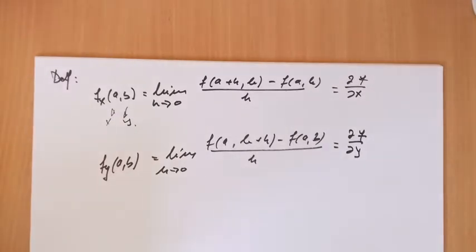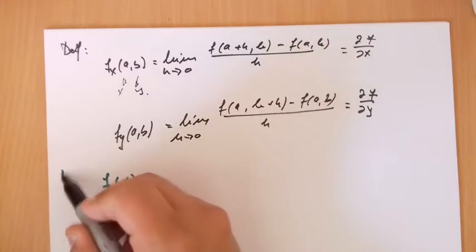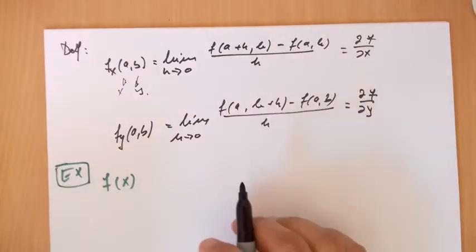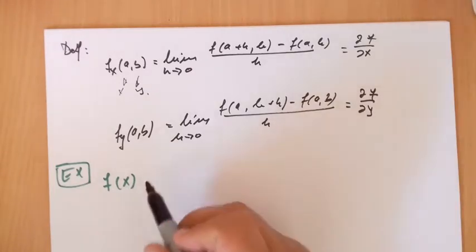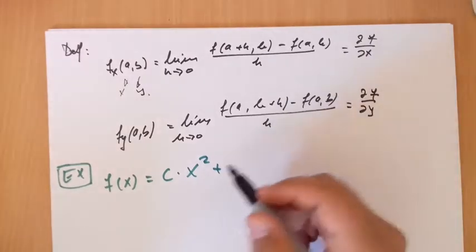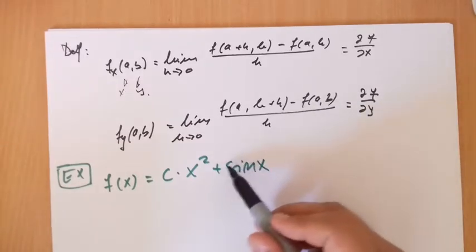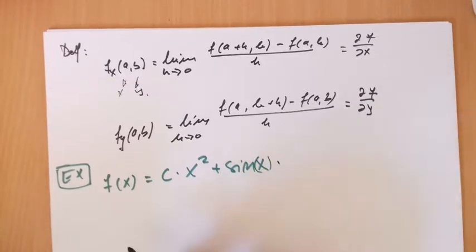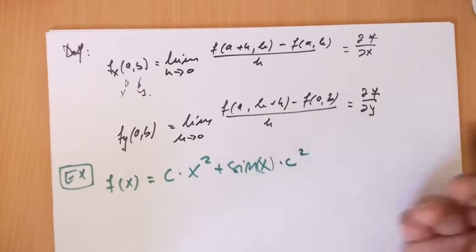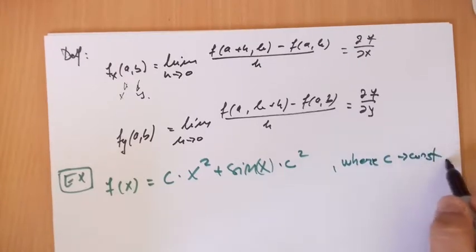First of all, I'm going to do an exact derivative of one function. For example, if we have f of x equal to c times x squared plus sine of x times c squared, where c is a constant.